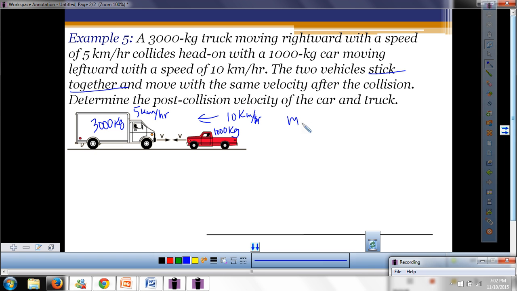So that makes my equation M1 V1 plus M2 V2 become M1 plus M2, because now they're stuck together, moving at something we can call V prime.